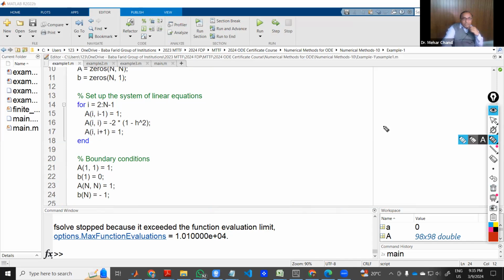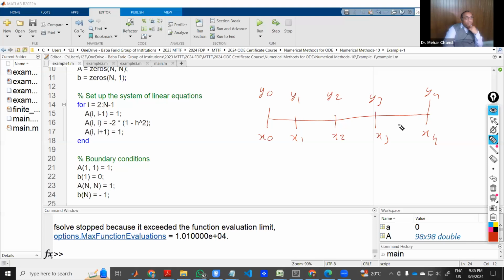So see it very carefully. This is X0. This is X4. Suppose we have this point. This is X1, X2, X3. And here we have Y0, Y1, Y2, Y3, and Y4.